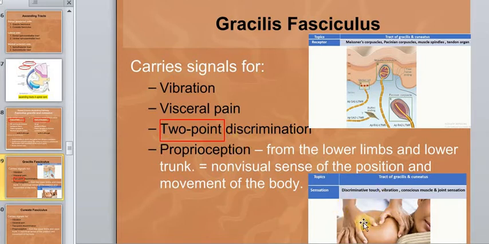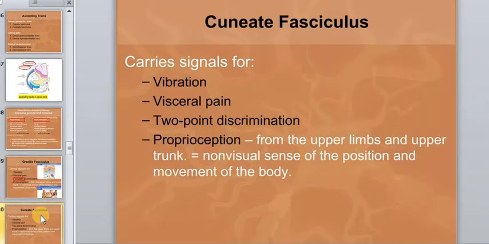It's a point of touch. You know that we can't detect how many fingers touch our skin on the back, 2 or 1. So it's a sensitivity from 2-point discrimination, as it's from proprioceptors too. So let's start from the cuneatus fasciculus.